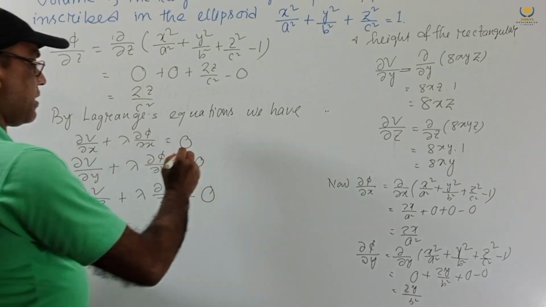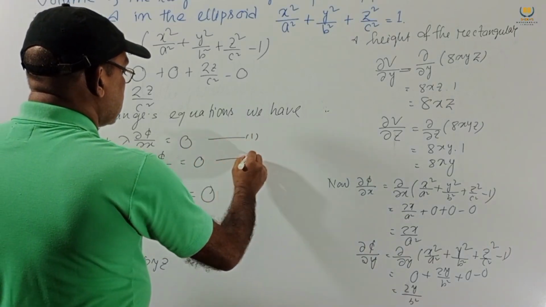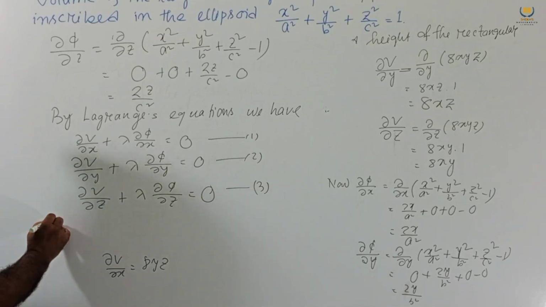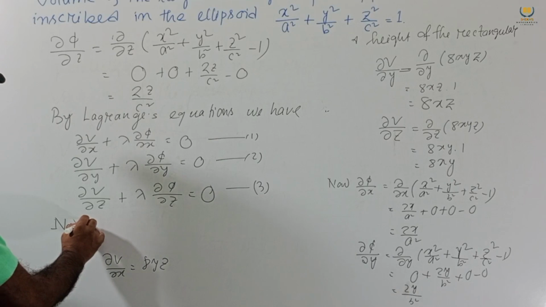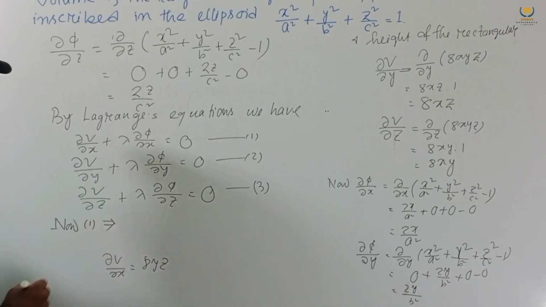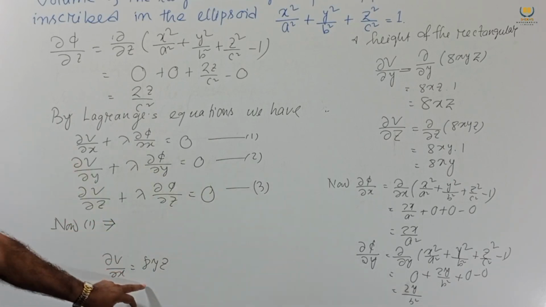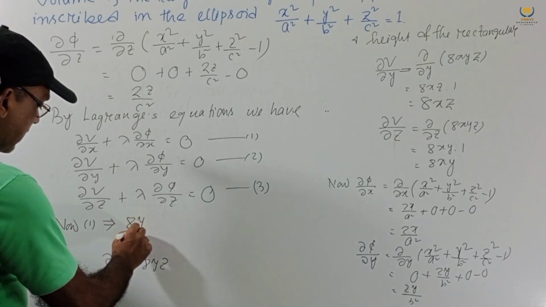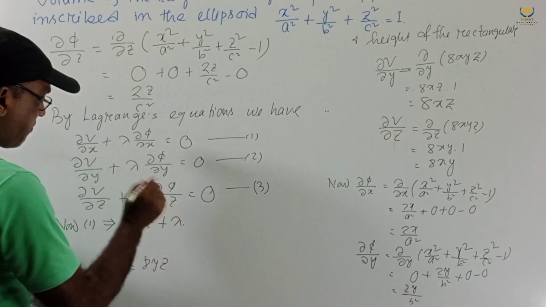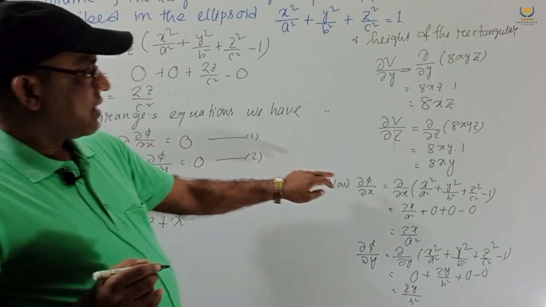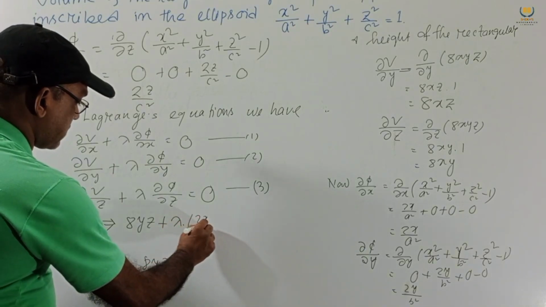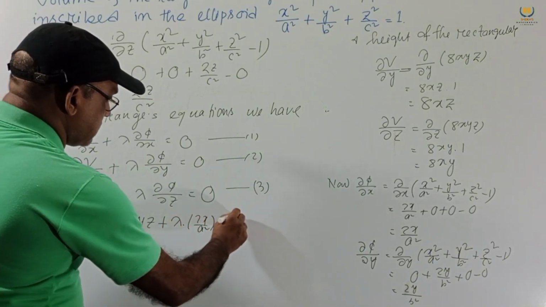Now we consider these as number 1, number 2 and 3. Now first we put the values in equation 1. 1 implies del v by del x, we get 8yz, plus lambda del phi by del x is 2x by a square, equal to 0.